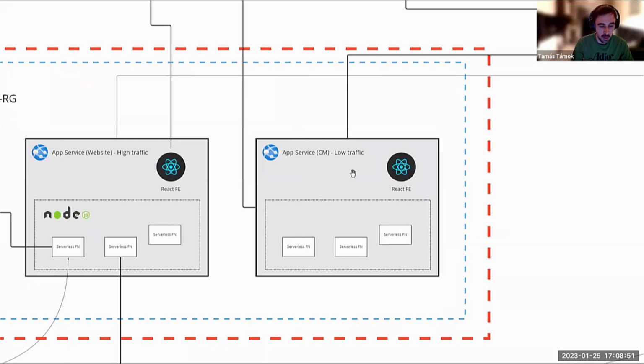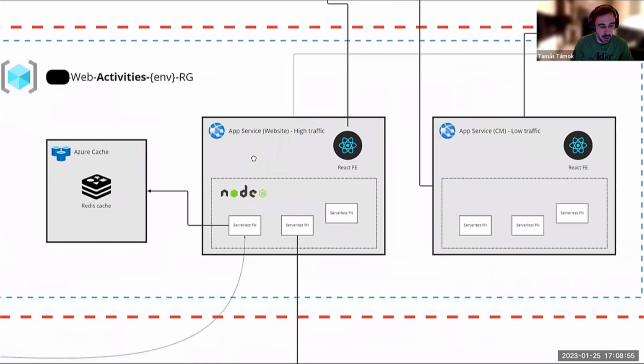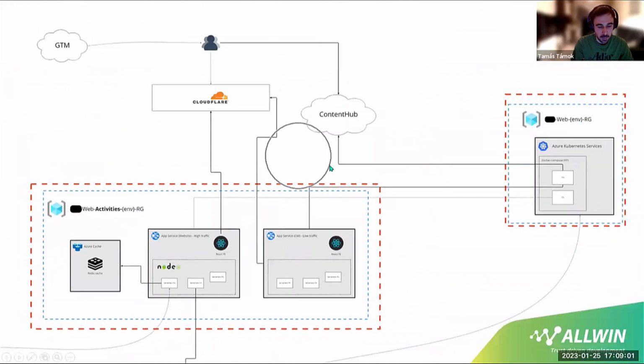And here we have two: one for the CM and one for the content delivery. And here we have the content delivery with Redis cache. Here are some other parts, but this is not really important. I just want to show you this connection, and that you can also run Next.js in Azure.